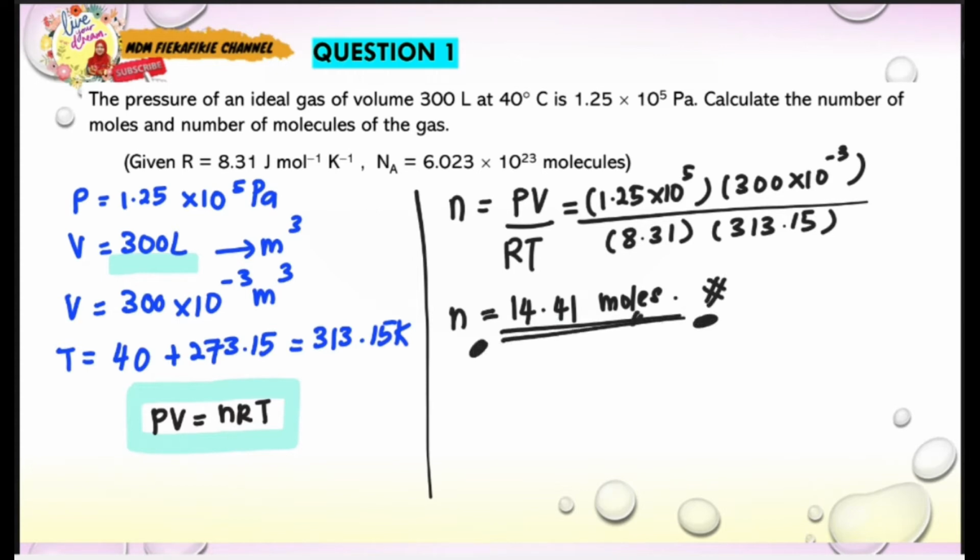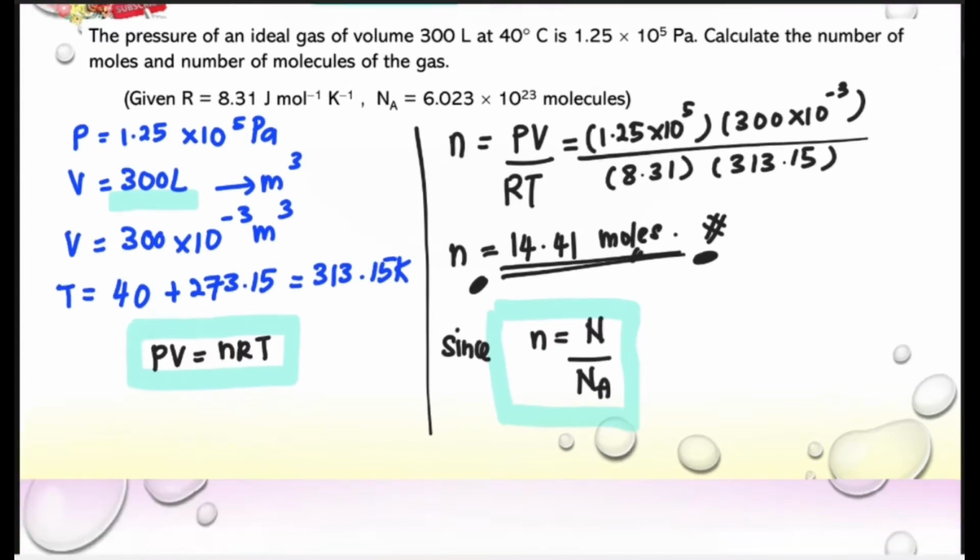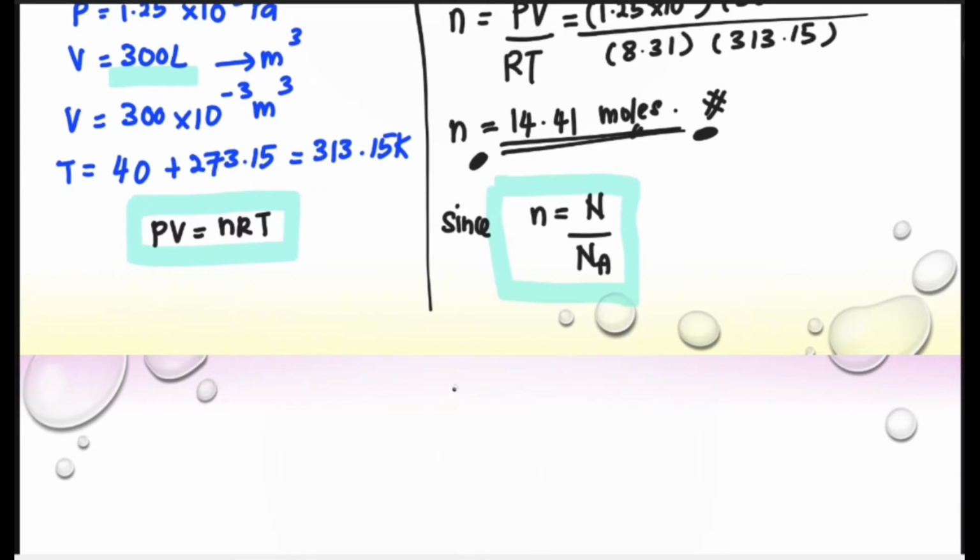And then we want to calculate the number of molecules. Since n is equal to the number of molecules over the Avogadro number, we can use this equation to find capital N, which is the number of molecules. Therefore, N is equal to the number of moles times the Avogadro number.